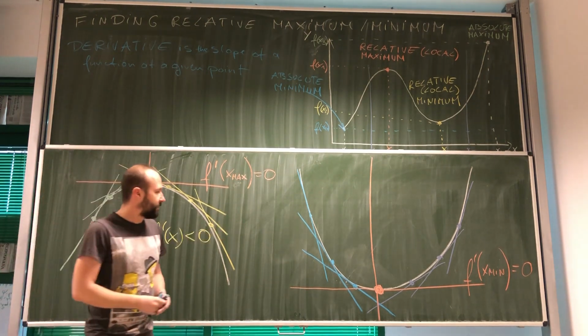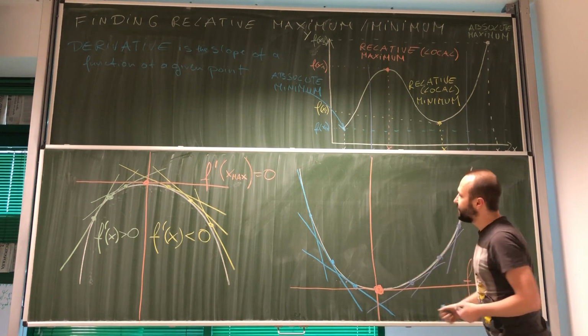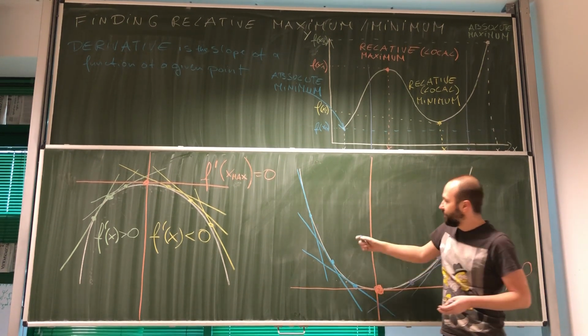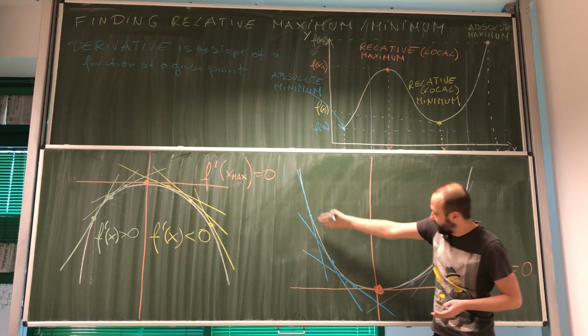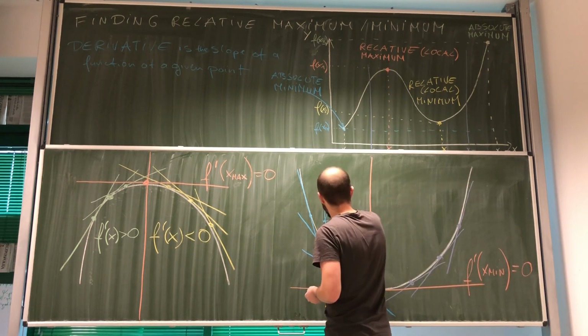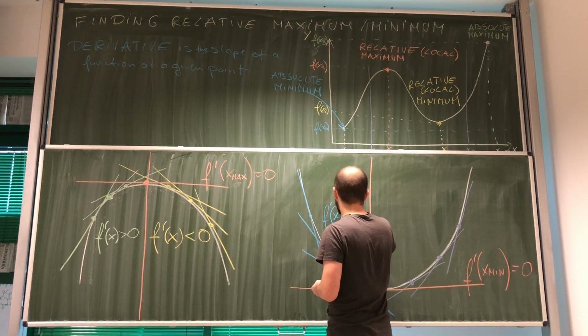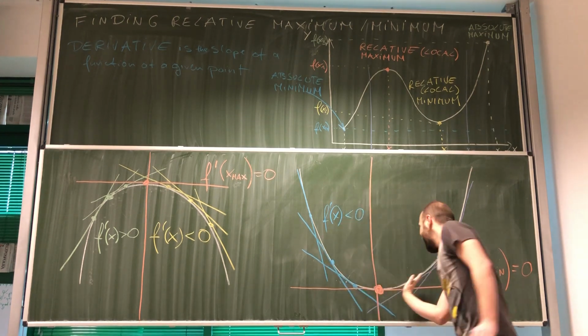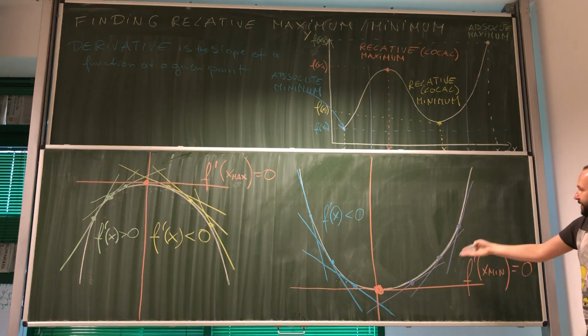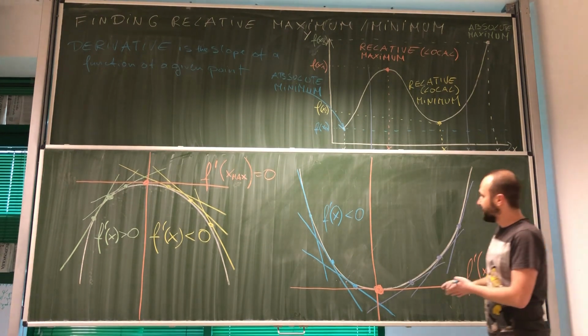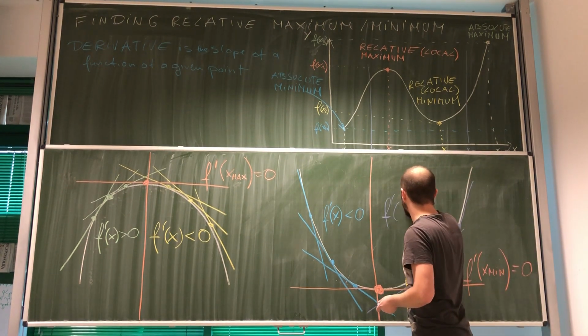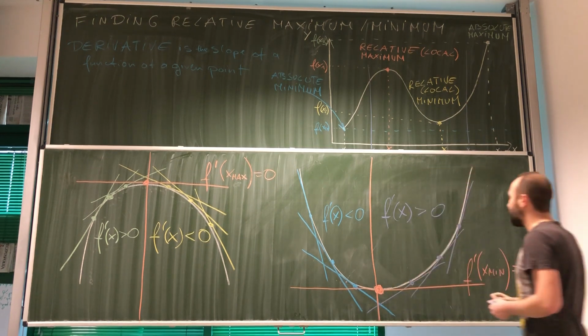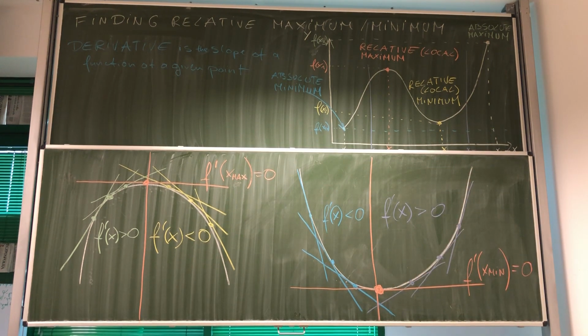Okay, how about here? Here we see that first the slope of the function is negative, which means that the derivative is going to be negative, but then over here it starts to go up, which means that here the derivative must be positive. And look, now, knowing those two things, we can actually devise a test.